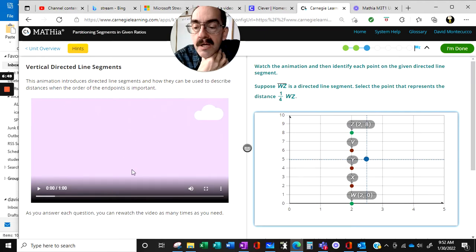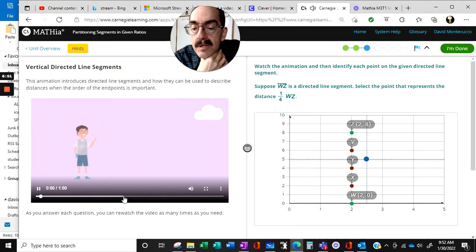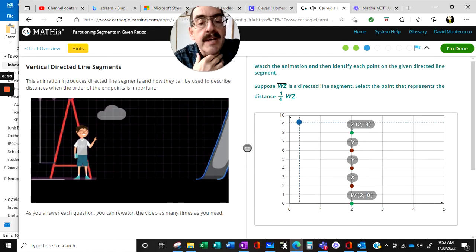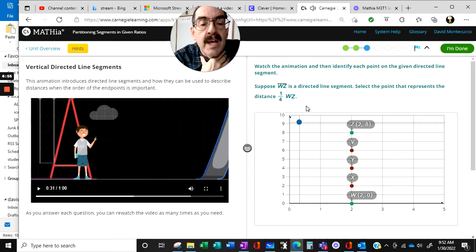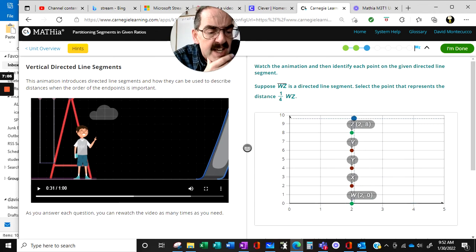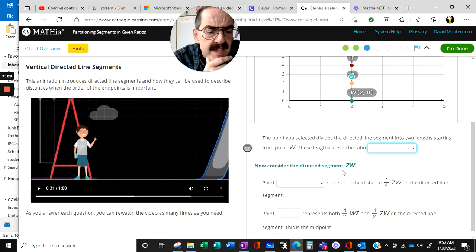Okay, so now. Suppose WZ is a directed line segment. Select the point that represents 1/4 of WZ. So 8 units. We need 2. X. 2 units of the 6.